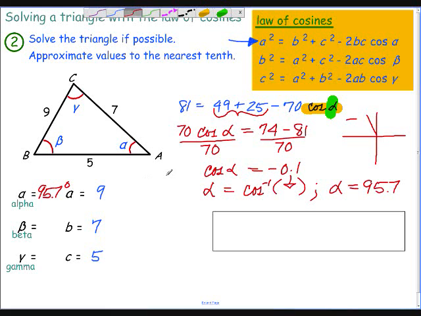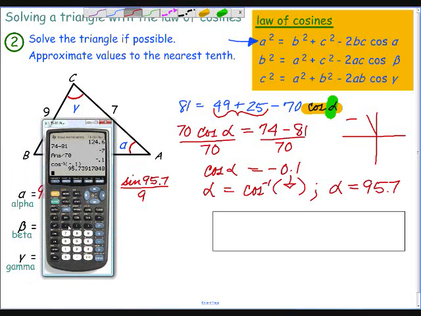Now, because I'm not a big fan of the law of cosines, I'm going to go to the law of sines, which tells me that the sine of 95.7. Oh, I hate that. What I need to do with my pen is to do point and then wait and then put in my 7. That will always work. Divided by 9. So let's find out what that ratio is.